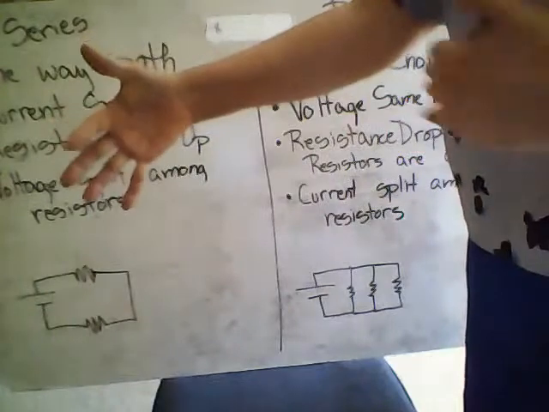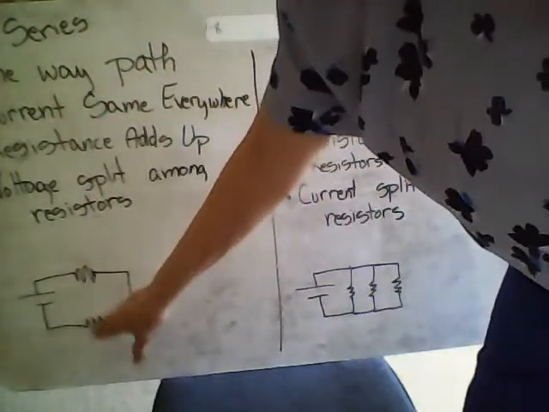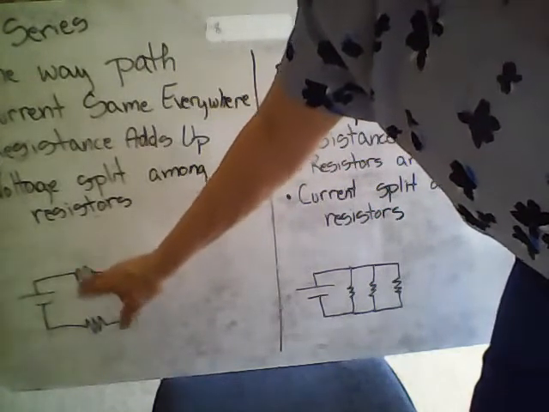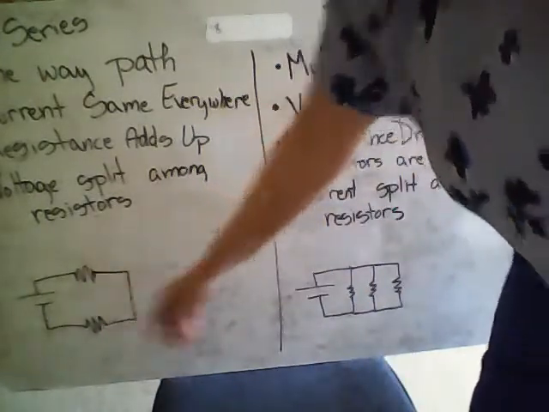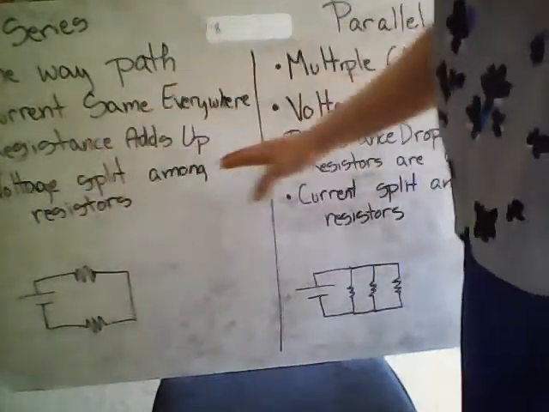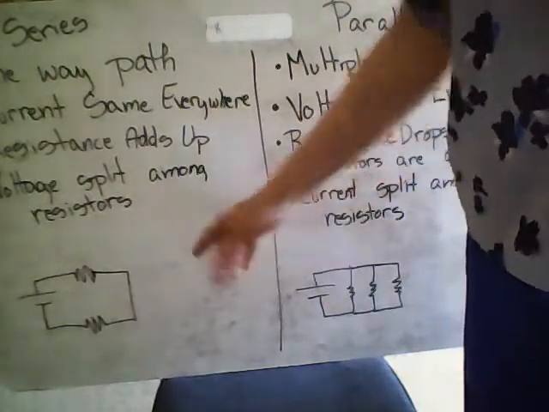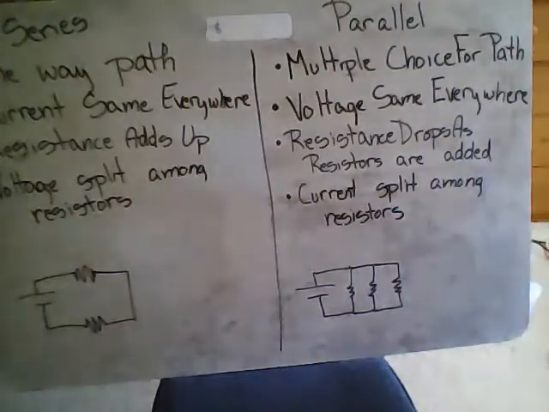You're increasing your resistance by adding more resistors. In this case, if we're talking about the CER, we're talking about light bulbs. And the voltage is split up among those resistors. So again, the voltage would add up to the voltage supplied.